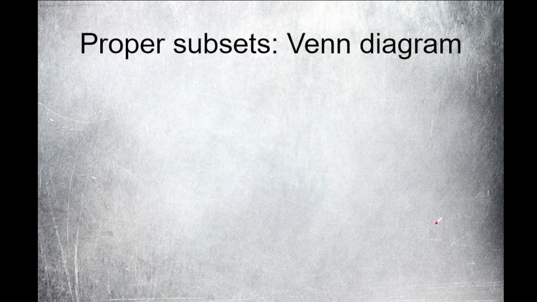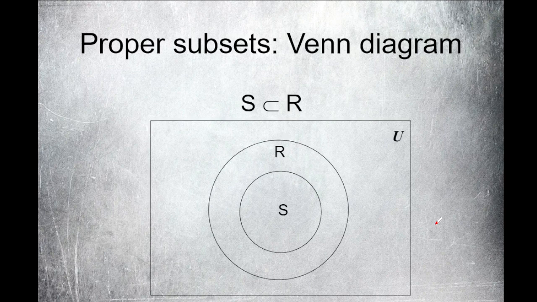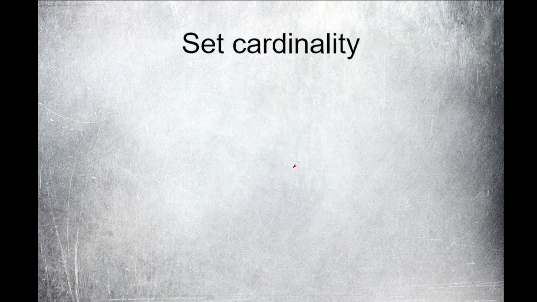Now how do you represent proper subsets in the Venn diagram? So this is the case. Here R is a set, S is a set, so this S is represented inside the R set. So this is the representation in the Venn diagram.